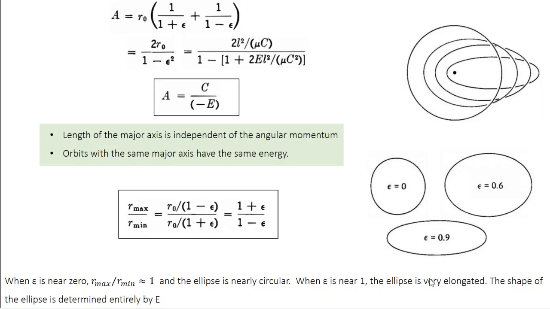So you can see the shape of the ellipse is determined entirely by eccentricity E. So you can see in this figure, when eccentricity equals 0, you have a perfect circle. When eccentricity approaches 1, you have a highly elongated ellipse, and in between you have ellipses of varying degrees. Right? So eccentricity is the one which determines the shape.